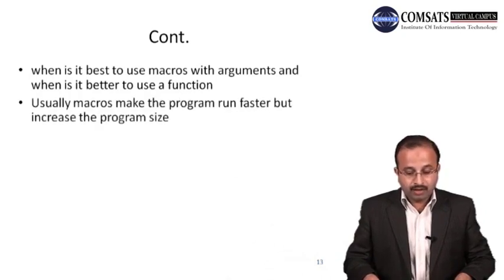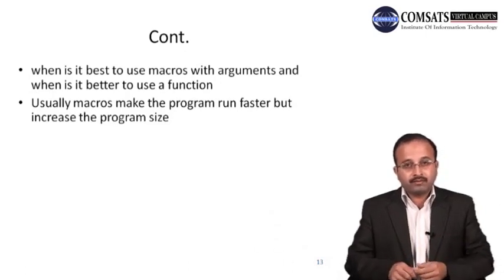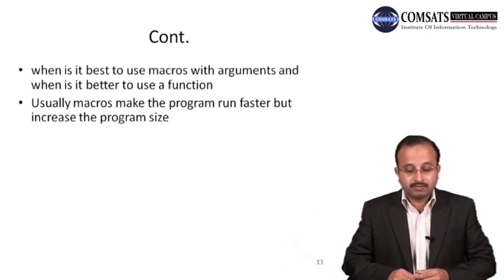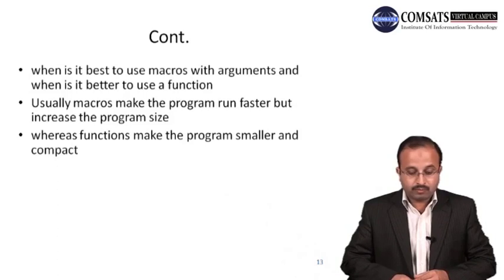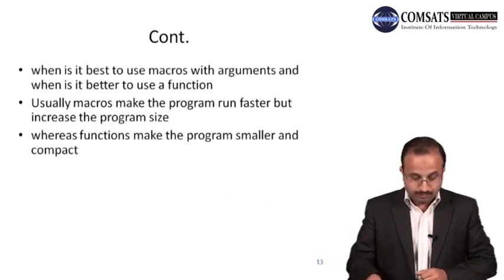Usually macro makes the program run faster but increases the program size. Macro से program fast तो run होगा but program का size बढ़ जाएगा. क्यों? ऐसा क्यों है? We will see it. Whereas function makes the program smaller and compact and easy to understand that code as well.